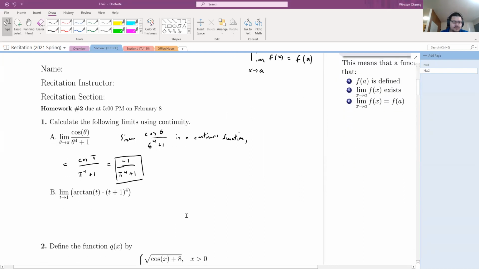Okay. And part B is the same exact thing. Arctangent is a continuous function. This is continuous, so you can repeat the same argument. I'm going to abbreviate arctan as atan.